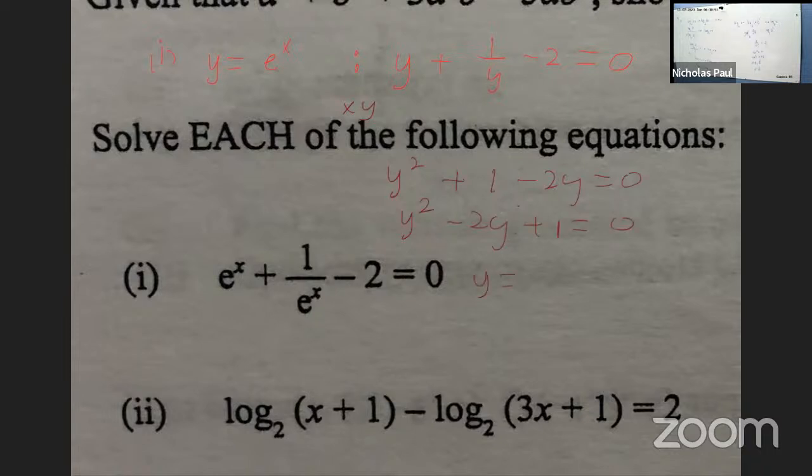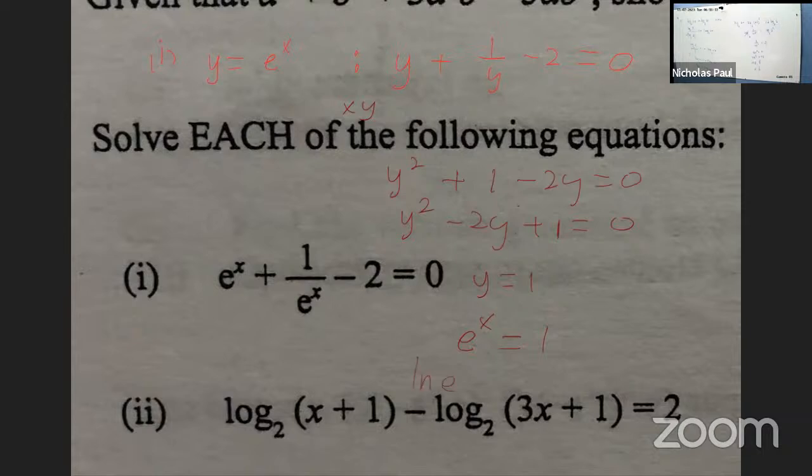1. That's it? Just 1? Right, but you can't just leave the answer as y is 1. What you have to do? You write it back. Make a substitution, and you'll get y is 1, or e to the x is 1. How do you solve questions like this now? e to the x is 1. Take ln on both sides.